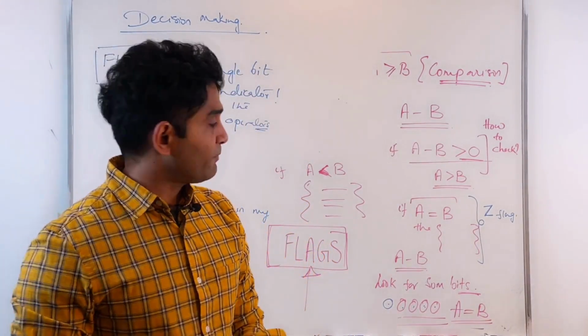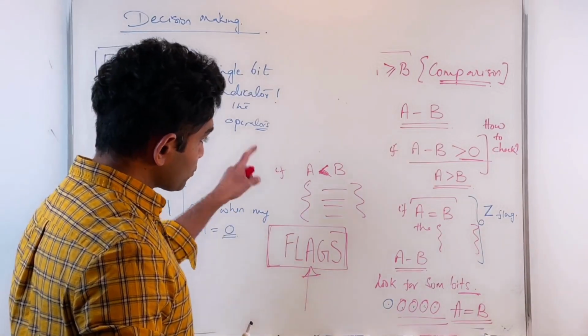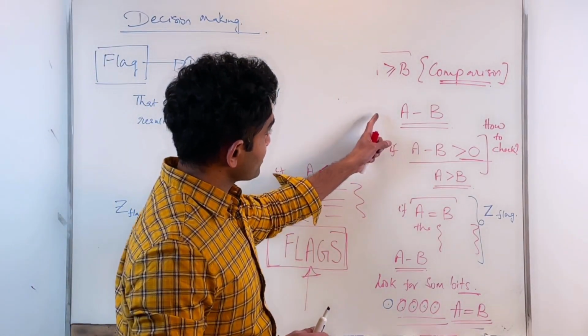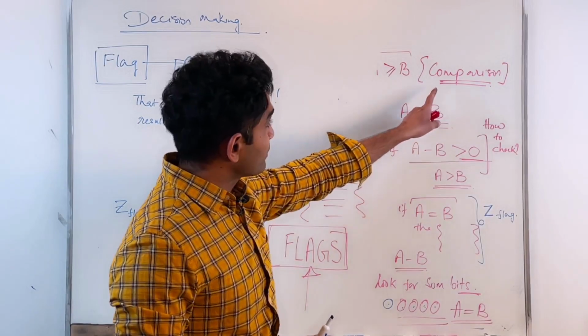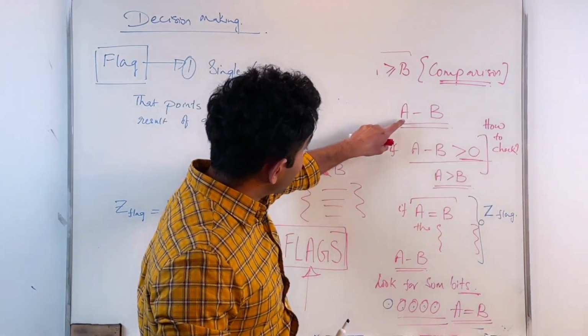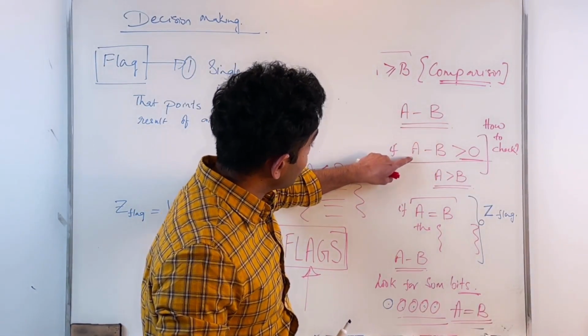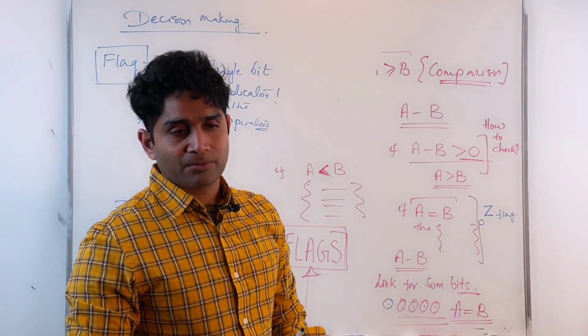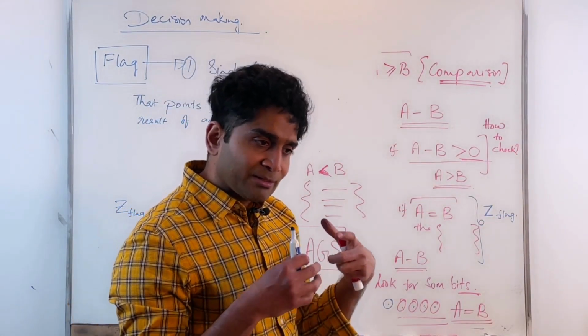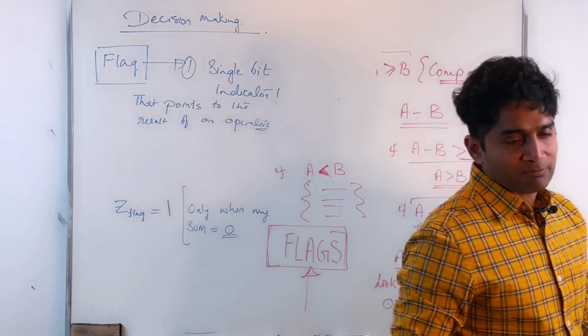But for any of these operations to work, I am still doing the A minus B operation first at the hardware level, and looking at the result, coming up with my flags.